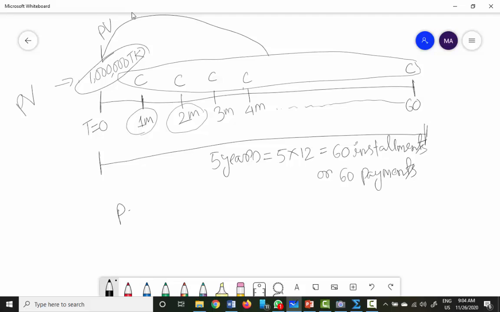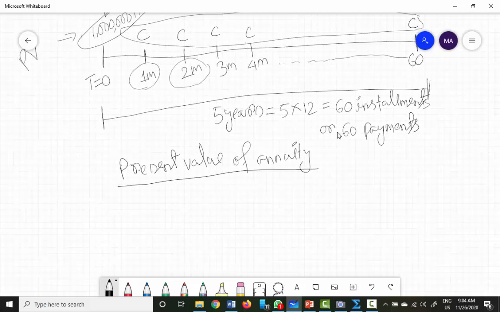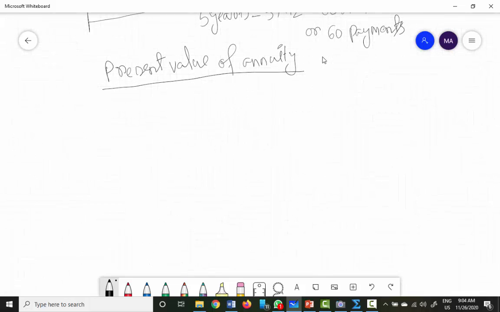So what is the formula for present value of annuity? Let's see. How do I remember this formula?